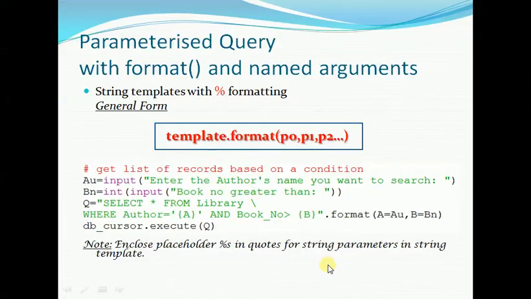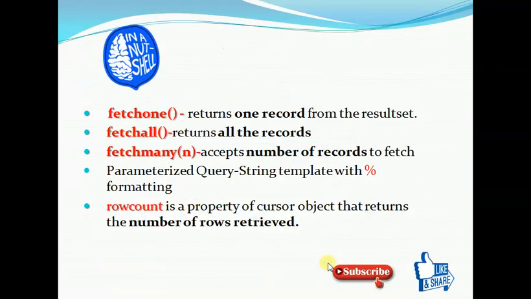So we have seen how to apply parameters to the arguments in different ways. Now that's all about fetching the data from the result set and displaying that. Fetchone is there, fetchall is there to return all the records, and fetchmany, you can specifically say 4 records or 5 records need to be returned. That means a number can be given, and also a parameterized query can be given.